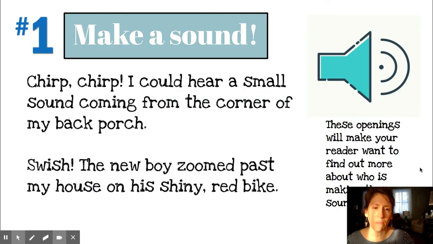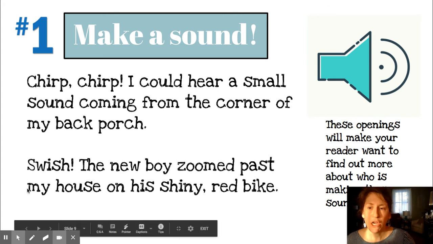Okay, so the first one we're going to look at a little bit deeper is making a sound. So these openings are going to make your reader want to find out more about who is making the sound. Okay, so let me read you some examples. Chirp, chirp. I could hear a small sound coming from the corner of my back porch. Who's making the sound? Or this one.